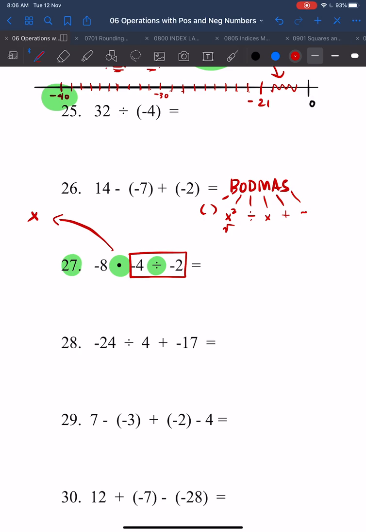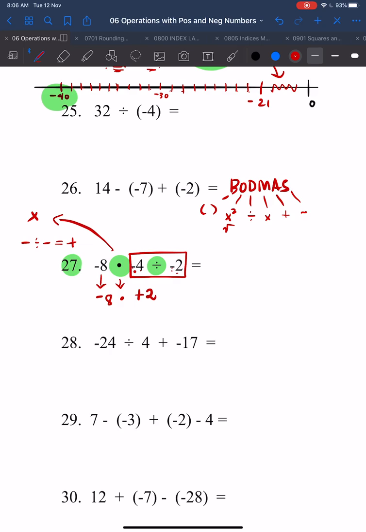So this is what we do first. And as we said, negative, negative. Negative divided by negative gives you positive. Okay, so 4 divided by 2 is 2. Now, since they're both negative, you end up with a positive 2. And let's bring down negative 8 and the multiplication sign. Now, what's next?